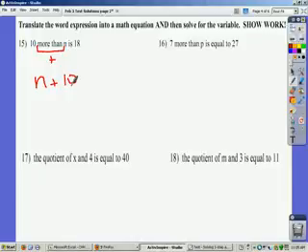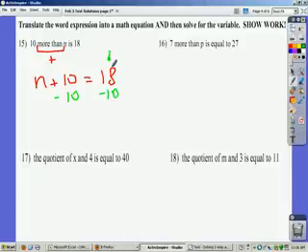And the word "is" in mathematics is the same thing as equals 18. How do we solve now? This is a one-step problem. How do we solve the one-step problem with a +10 there? By subtracting 10 from both sides. I'm not focusing on the other side yet, 18 or whatever, I don't care.